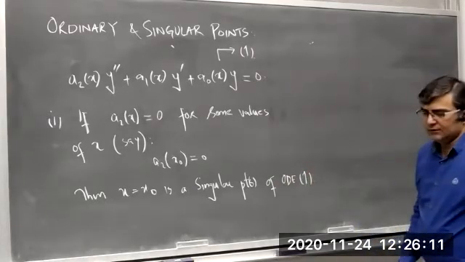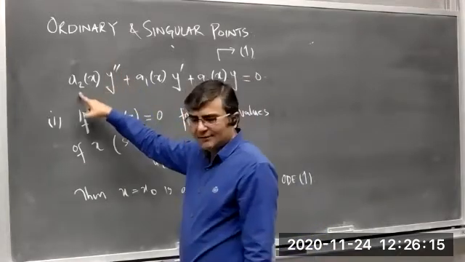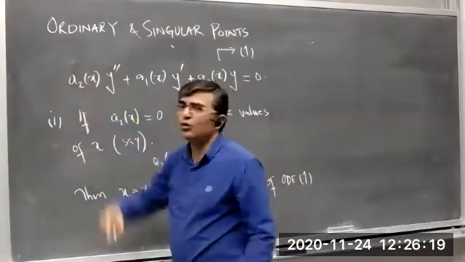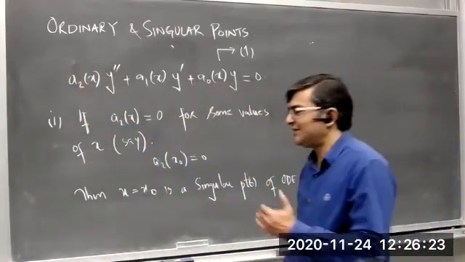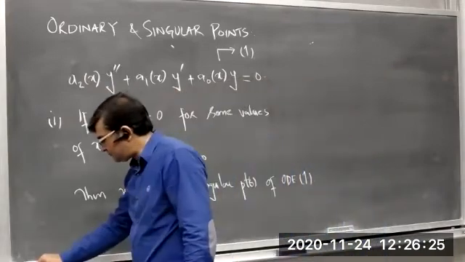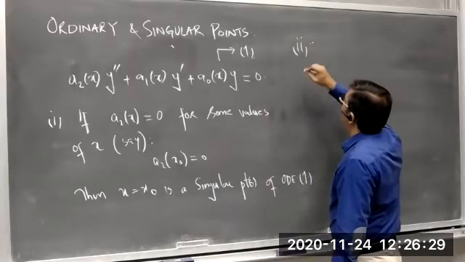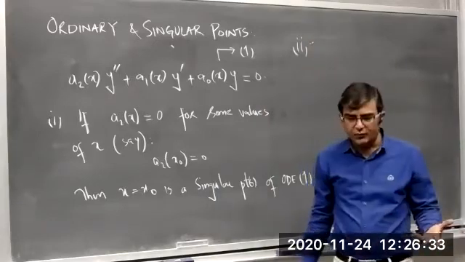It means if the coefficient of y double dash is 0 at some point of x, then that point is called a singular point. Otherwise, if a point is not a singular point, then it is called an ordinary point.